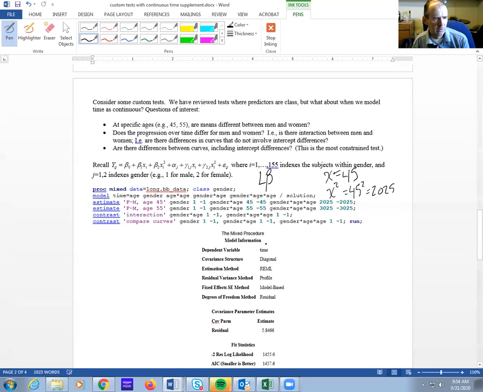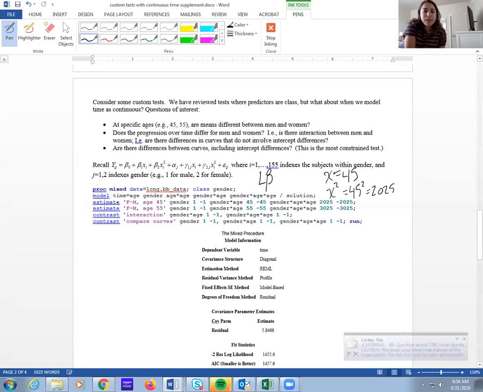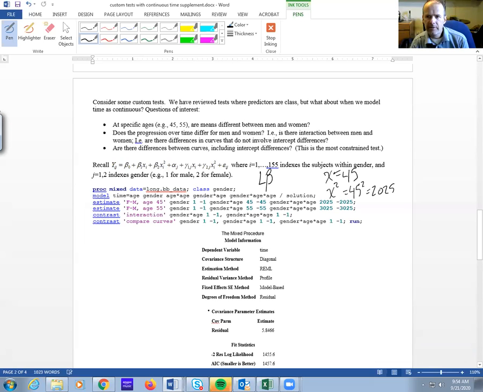So the first two, yeah, somebody has a question. Sometimes I've seen for the first estimate statement, like 1 0 versus 1 -1. Does it change depending on whether you write a less than full rank model versus a full rank model? It can, yes, definitely.